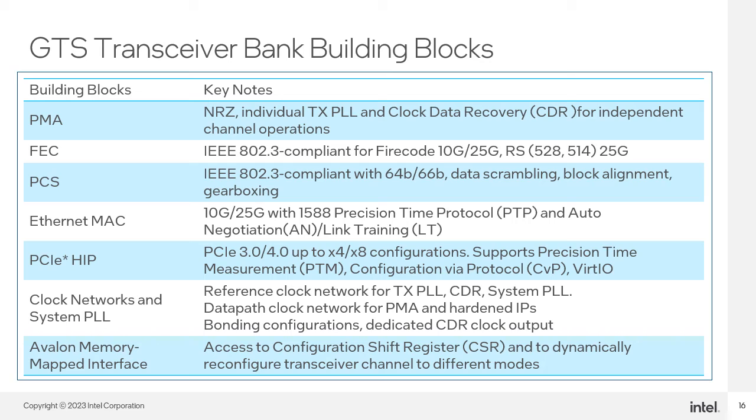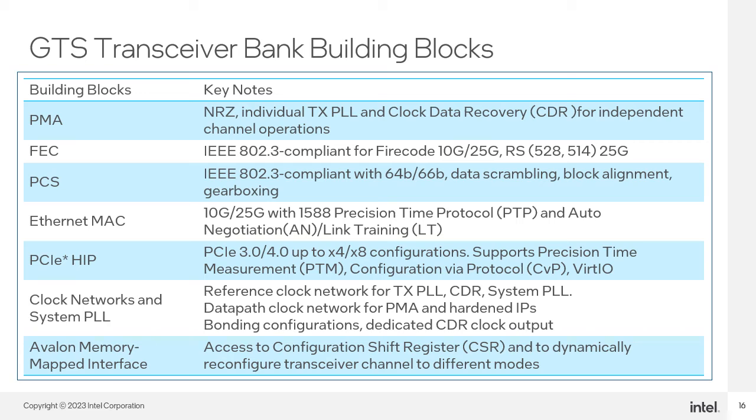PCS does not support 8 bits, 10 bits, but only supports 64 bits, 66 bits data scrambling, block alignment, and gearboxing. Ethernet MAC supports 10G, 25G with 1588 PTP and ANLT. PCI Express HIP supports 3.0, 4.0 and by 4 and by 8 configurations.